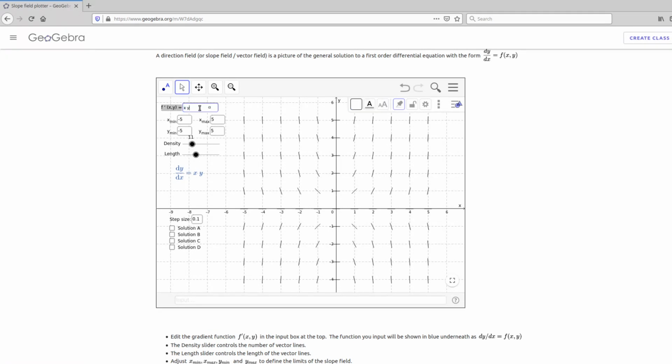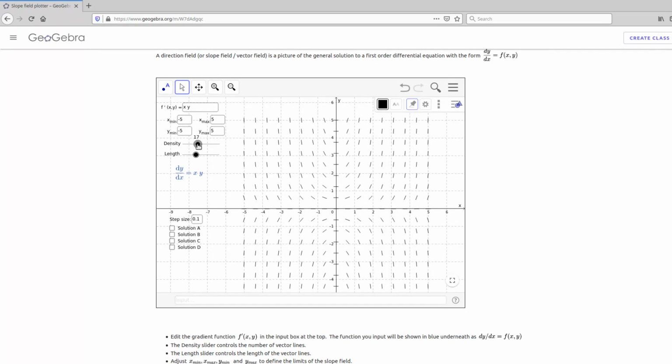So I put x times y, you put your max and min x coordinates, your max and min y coordinates, and density, I believe, is how many of these tangent lines you want to draw and what you want the length of them to be. If we increase this, then we see more tangent lines here. And if we increase the length, then those tangent lines will be shown as longer.